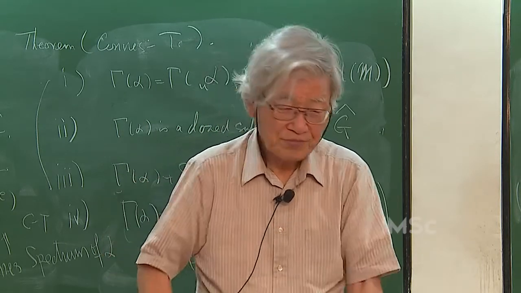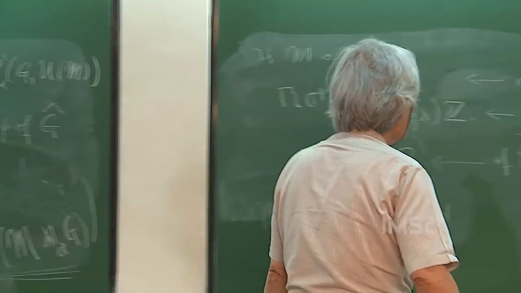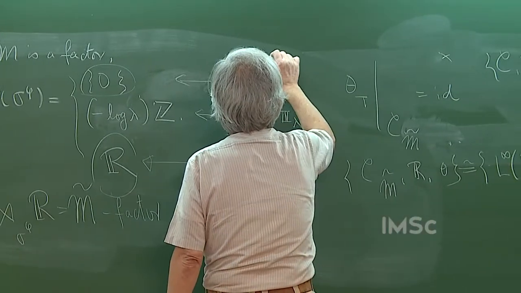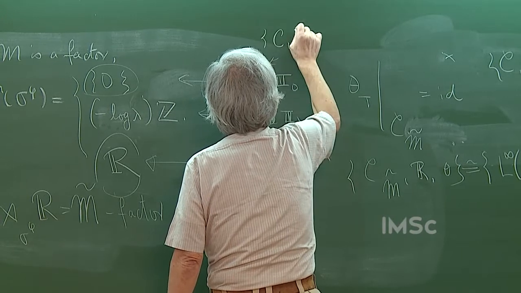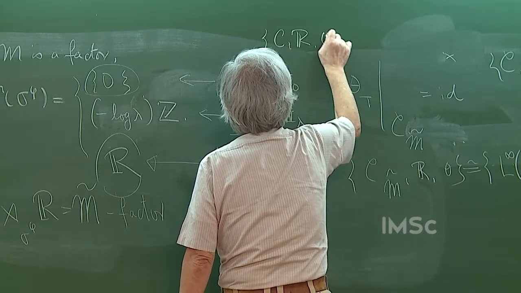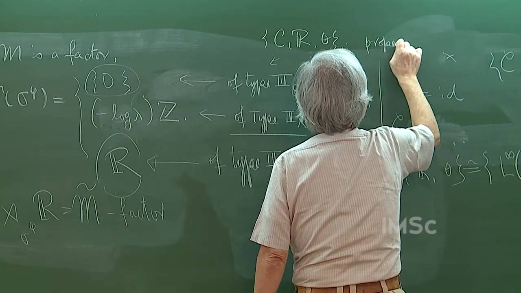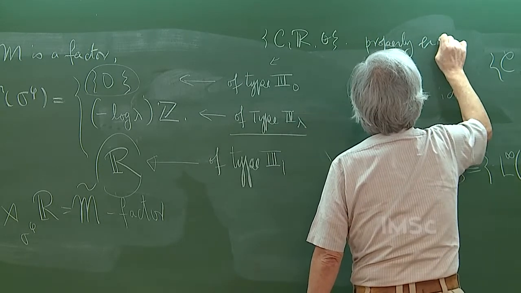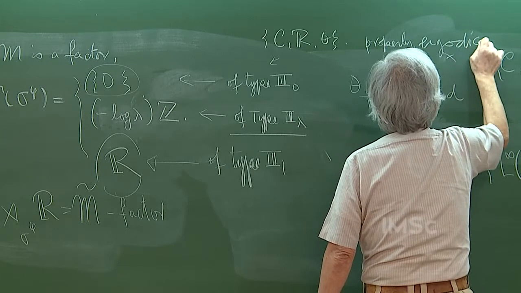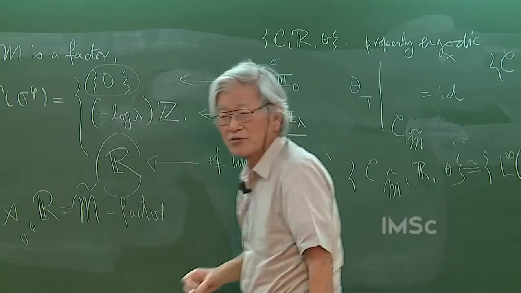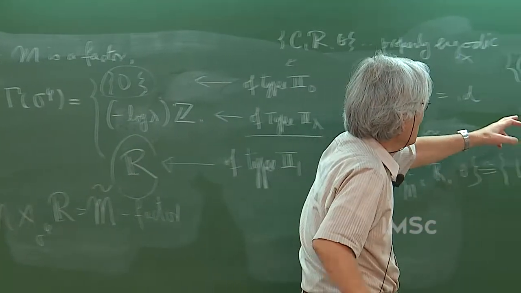So ergodic. So this implies C R theta is properly ergodic. So this is the case you call 3-0, not that one.